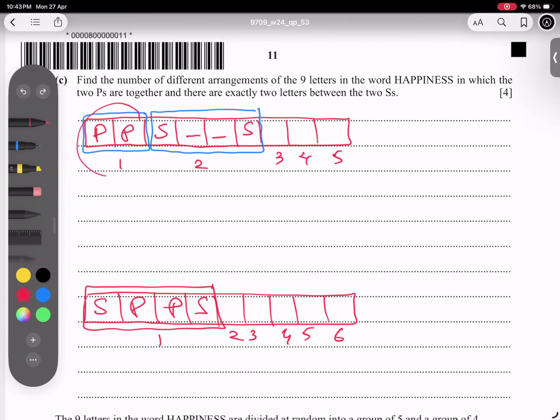But he did not say that the 2 P's cannot come inside. So we have 2 options, 2 P's outside and 2 P's inside. We have to consider both, otherwise we will miss a lot here. First option: 5P5. For what reason? 1, 2, 3, 4, 5 — 5 things are shuffling in that sense.